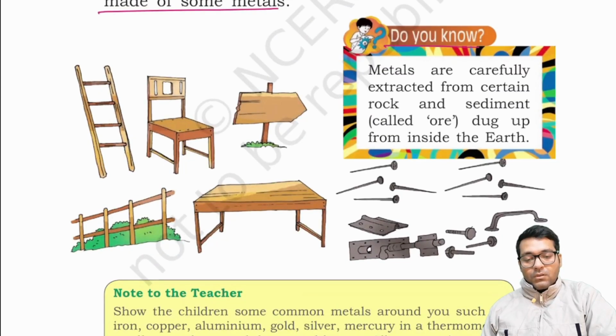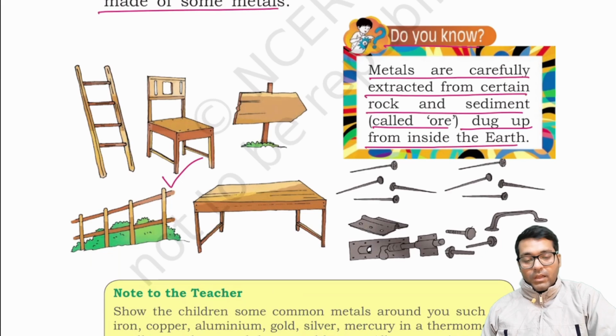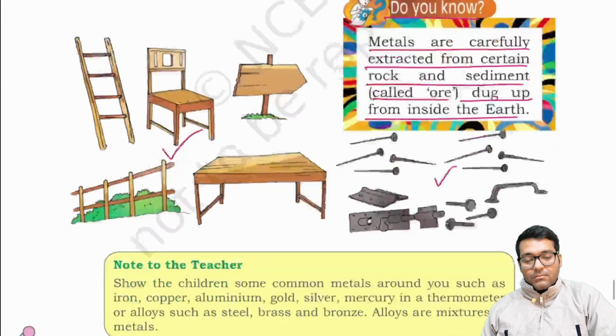Do you know? Metals are carefully extracted from certain rock and sediments called ore dug up from inside the earth. You can see these objects are made up of wood and these of some metals.